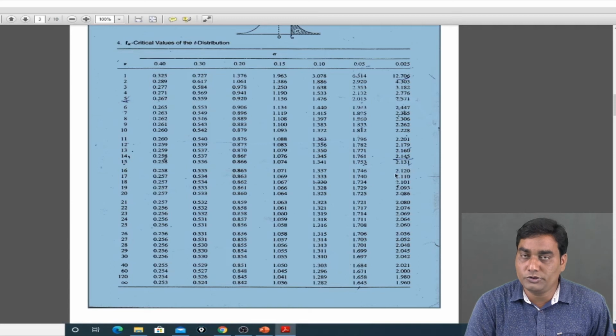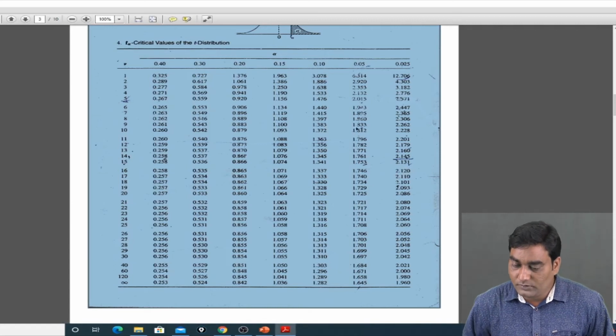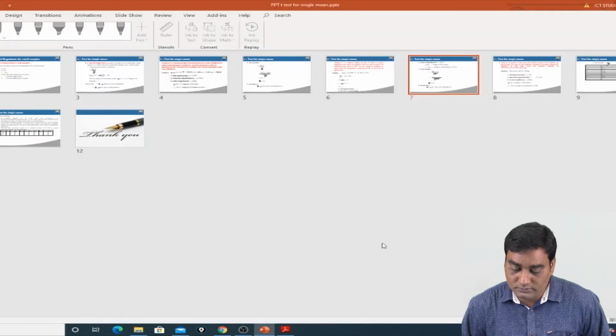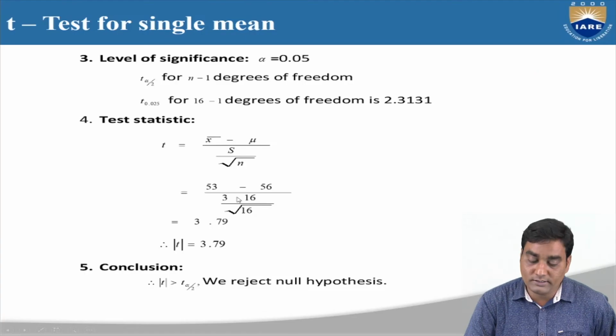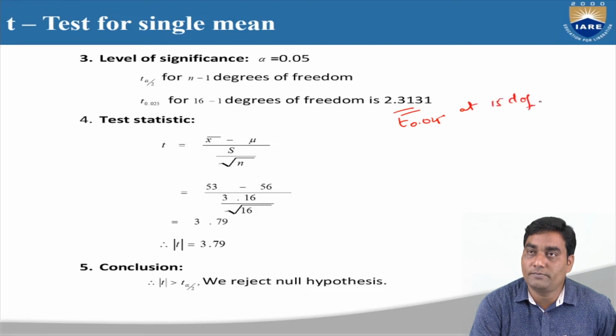This value we are going to take in step 3. Now again I am going back to the PPT. So that value is 2.131. So t 0.025 at 15 degrees of freedom equal to 2.131.